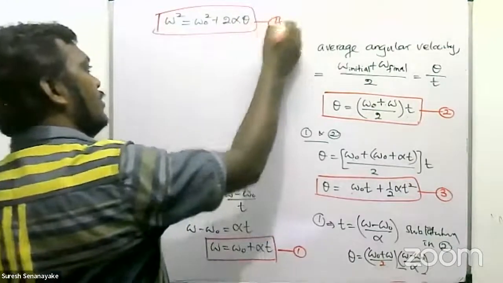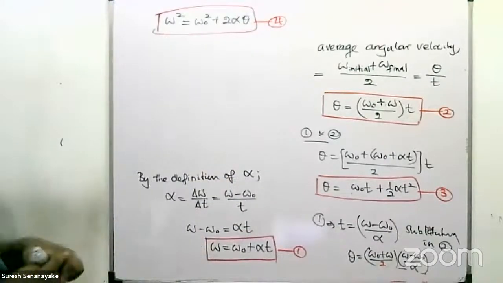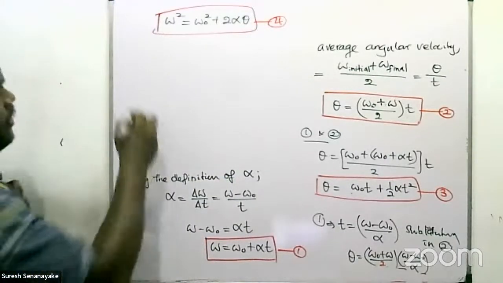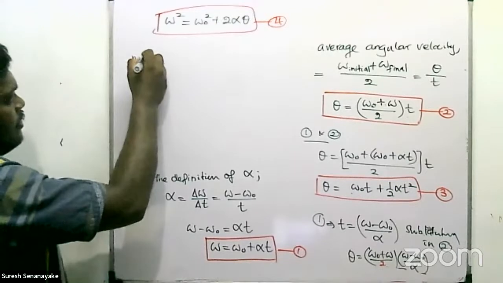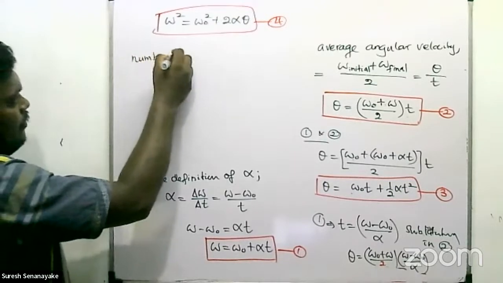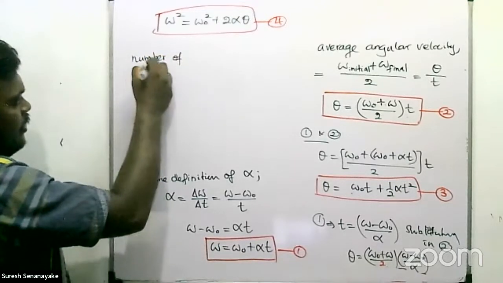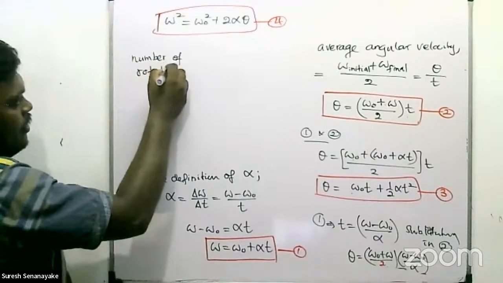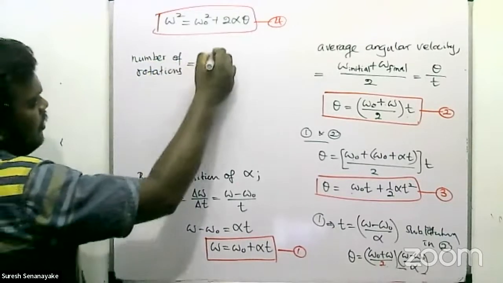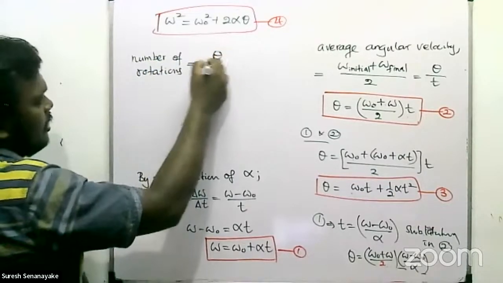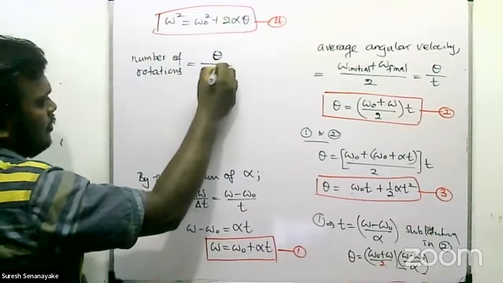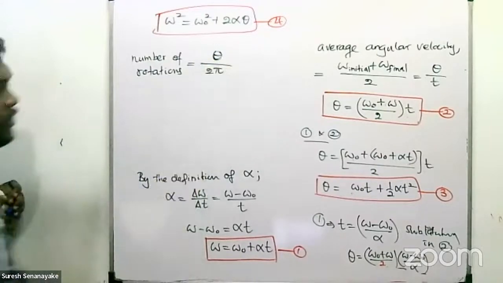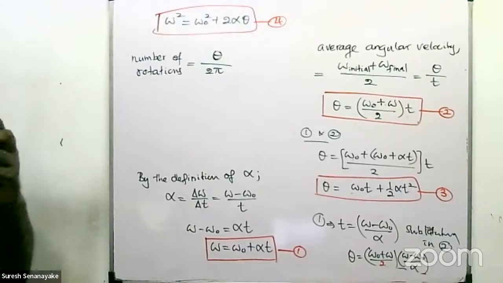Okay. For this kind of question, if someone asks for the number of rotations, you need to know that the number of rotations during some time equals theta, the angular displacement, divided by 2 pi. 2 pi radians is one rotation.